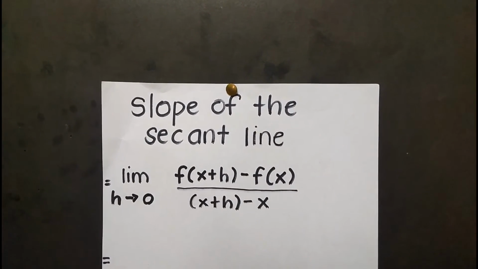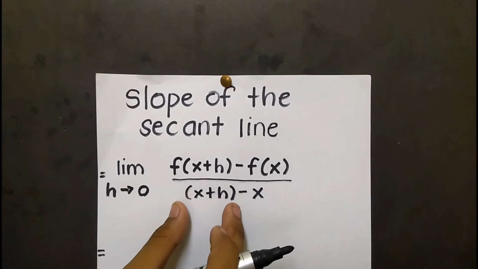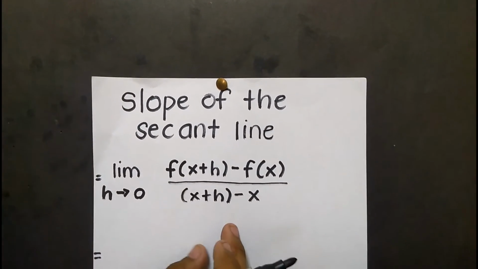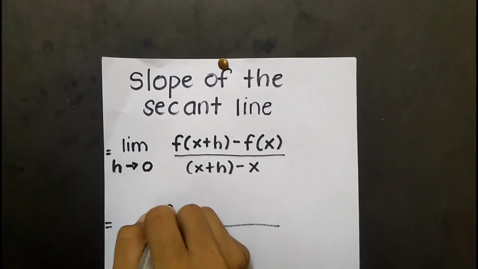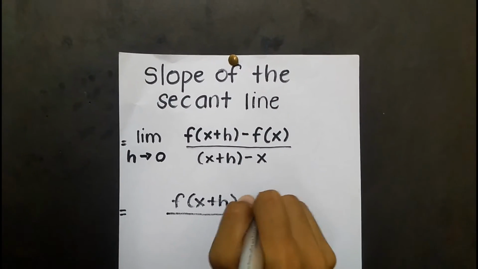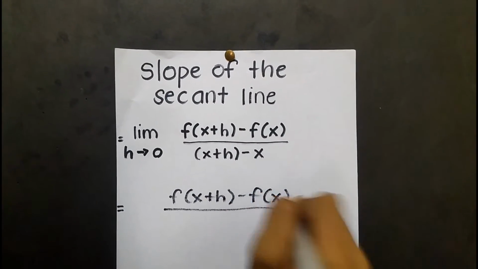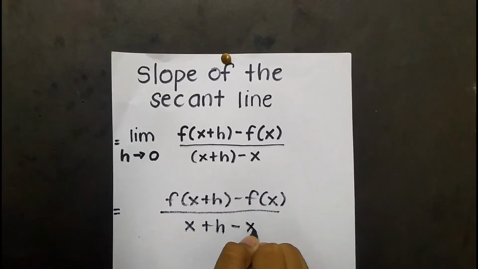When we come up with that formula, it is just simple. First, you just dissolve the parentheses in the denominator, so you will come up with this kind of formula: f of x plus h minus f of x is equal to x plus h minus x.